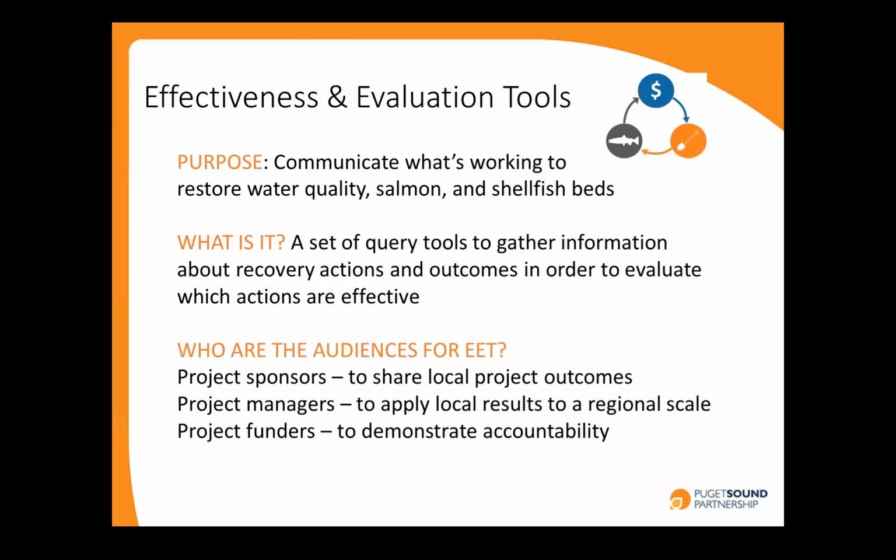So what's the purpose? So we're using EAT, the effectiveness and evaluation tool, to communicate what's working to restore water quality, salmon, and shellfish beds in Puget Sound. It's a set of tools that integrate information about recovery actions and the outcomes in order to evaluate which actions are effective.